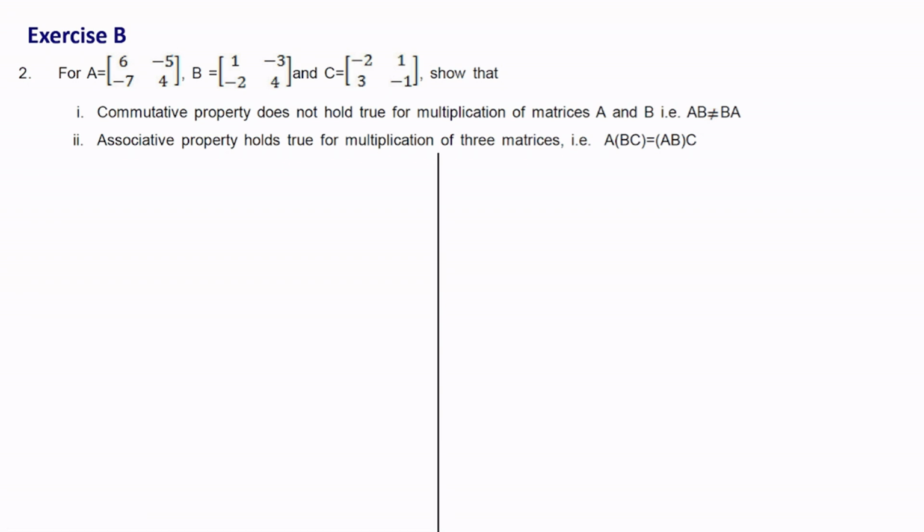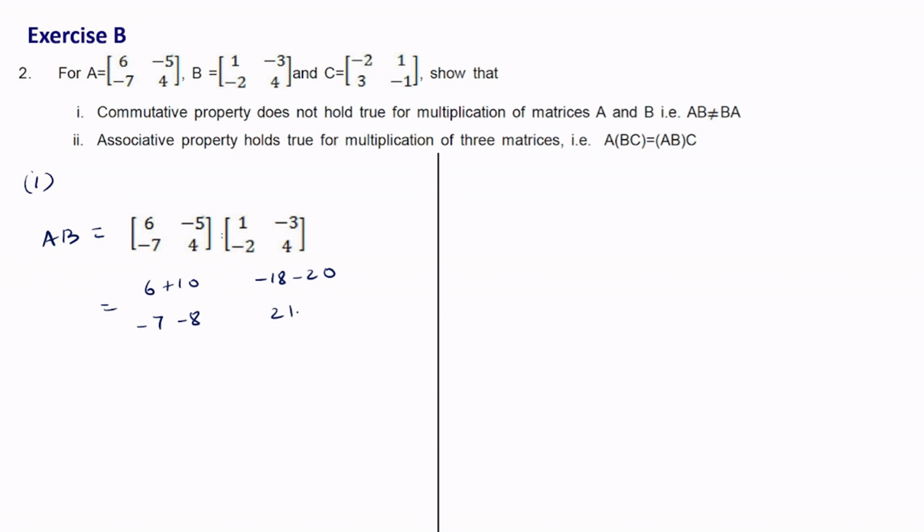So we have to prove that AB is not equal to BA. So first let us find AB. First subdivision. So AB is the product of A and B. So here this is 6 plus 10, multiplying first row first column, then first row second column, minus 18 minus 20, then second row first column, then second row second column.